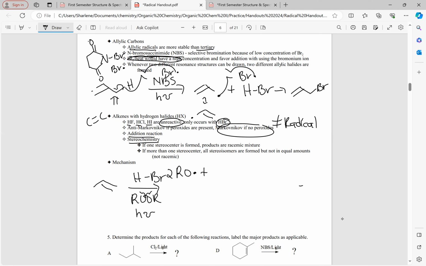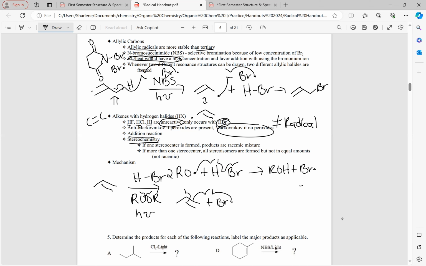It's going to react with the HBr. It's going to do a little hydrogen abstraction action there. And so now we finally have a bromine radical. That bromine is going to attack and break that pi bond.